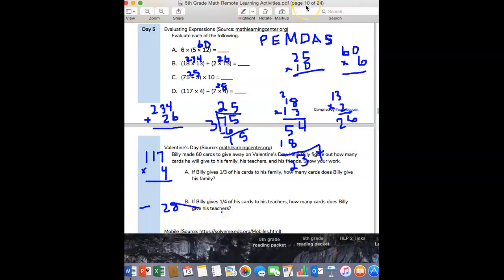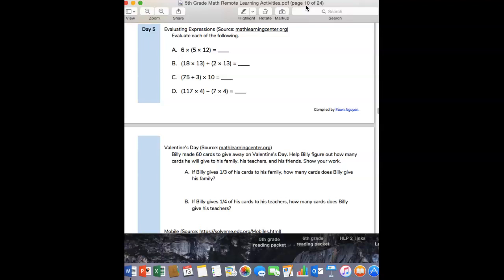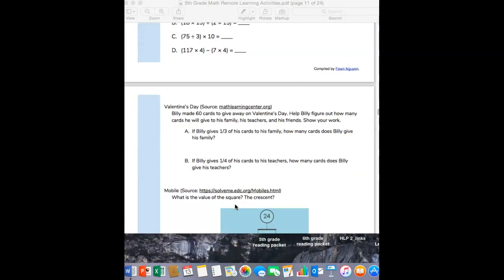So let's go on to Valentine's Day. It says, Billy made 60 cards to give away on Valentine's Day. Help Billy figure out how many cards he will give to his family, his teachers, and his friends. Show your work.